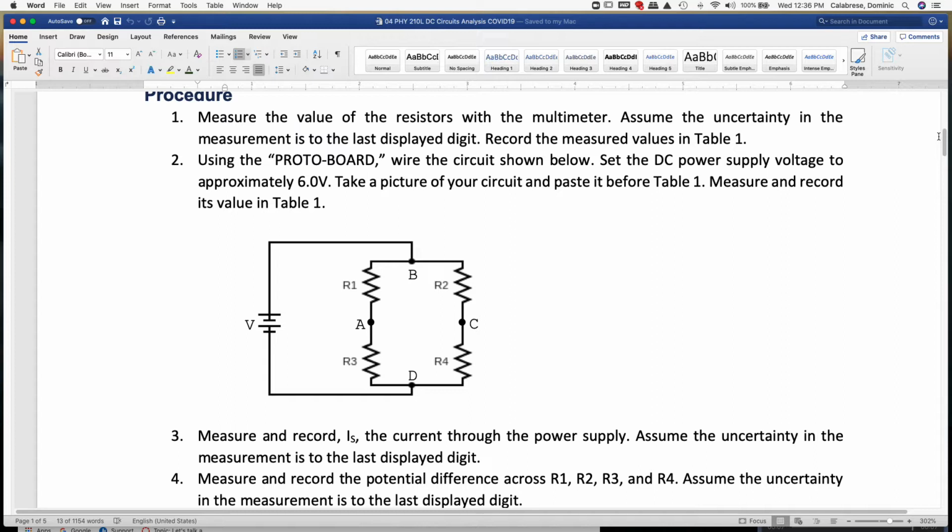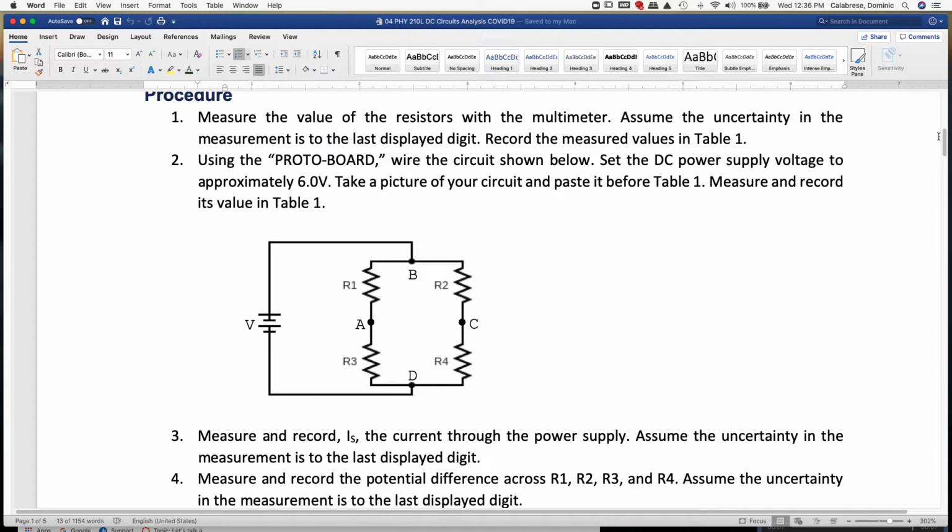In fact, there were 2 versions of this problem I went through. I went through this version, and then one where I put a meter across points A and C. So we're going to look at both versions, verifying Kirchhoff's laws. And of course, we'll also be using the rules for series and parallel. So everything in chapter 28 except RC circuits is in this lab.